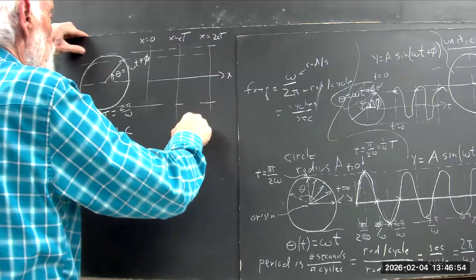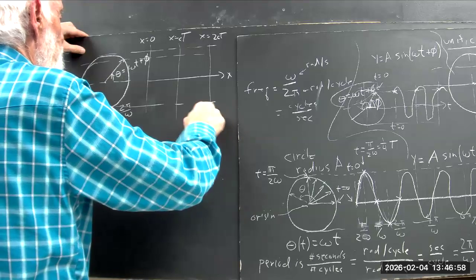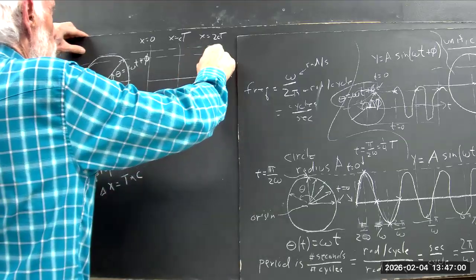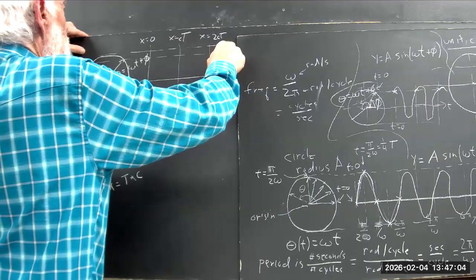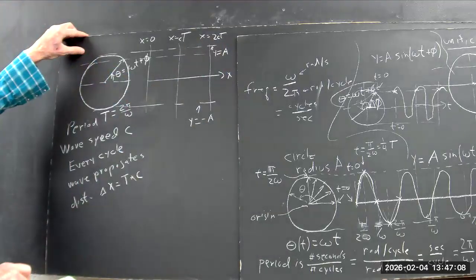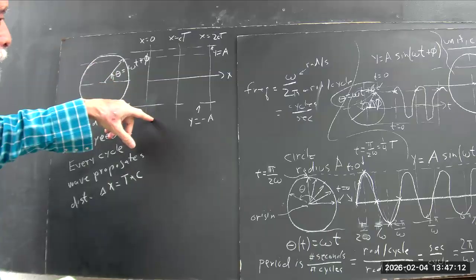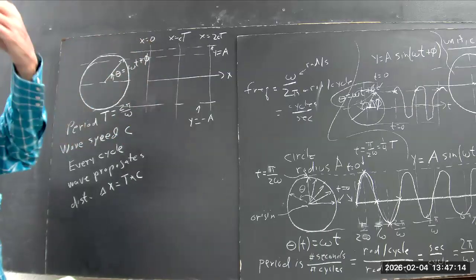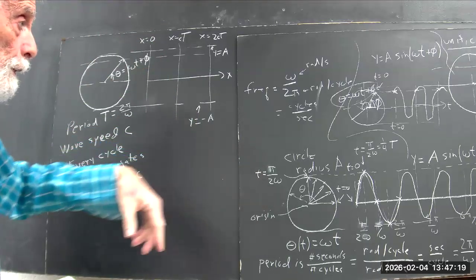You know, this line here, I didn't label before, but it's the line y equals negative A. Now, this line up here is the line y equals A. So our position is going to go between negative A and A, our y coordinate, just like it did here.